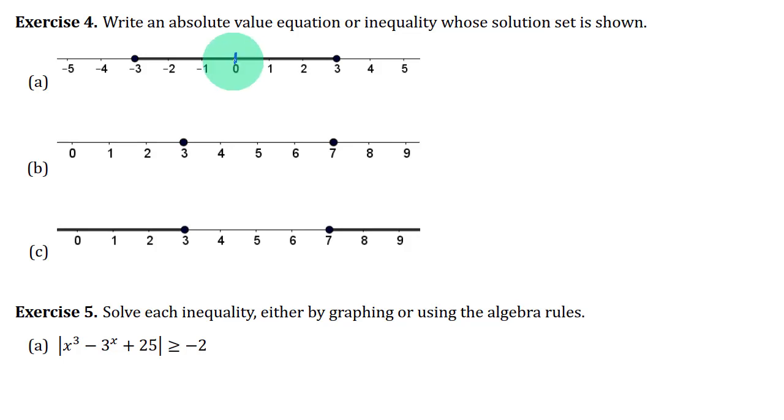So what we're saying here is the distance from x to 0 is less than or equal to 3, because you can go 3 out that way or 3 out the other way, or less than 3 units to get to some other stuff. So that's less than 3. Of course, you could just write that as the absolute value of x is less than 3. Or, excuse me, that should say equal to 3, because it includes the 3's with that solid dot.